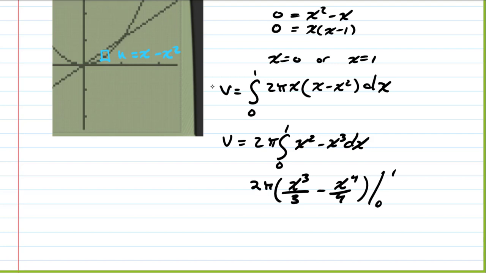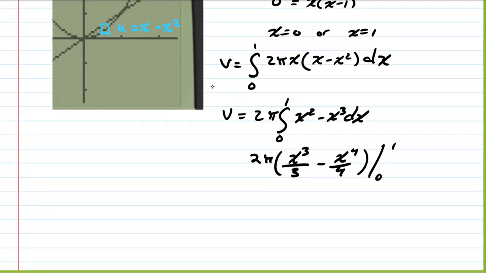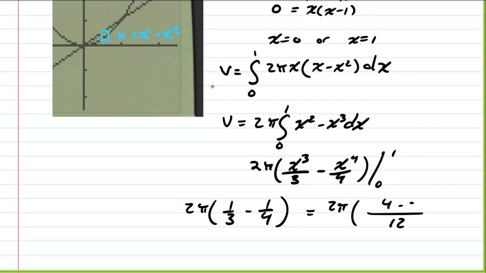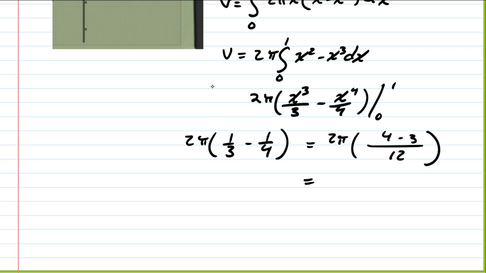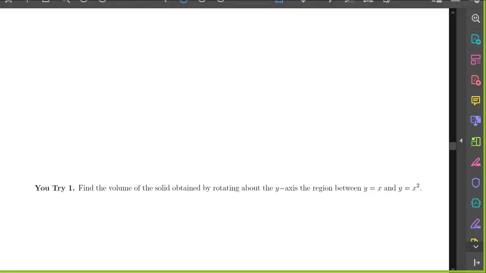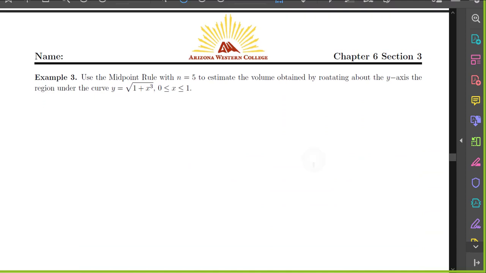And we evaluate that from 0 to 1, getting 2 pi times 1/3 minus 1/4. And so that would be 2 pi, common denominator would be 12, so 4 minus 3, giving us 2 pi over 12, or pi over 6. For our solution. And as always, that's all calculator food. You could just type it in without pi, and our calculator would do all the dirty work for us.